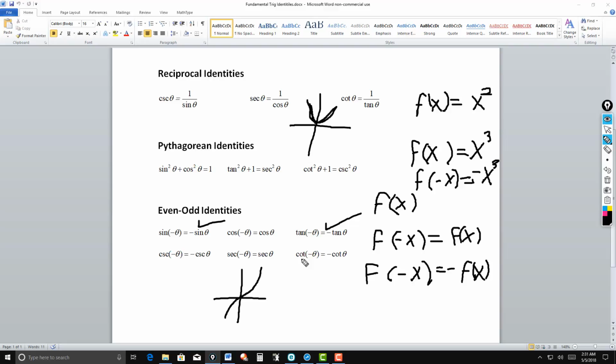That is, the graphs are symmetric with respect to the origin, whereas the cosine function and the secant function are even. So the cosine and the secant function are even, symmetry with respect to the y-axis, and the other four are odd, symmetry with respect to the origin.